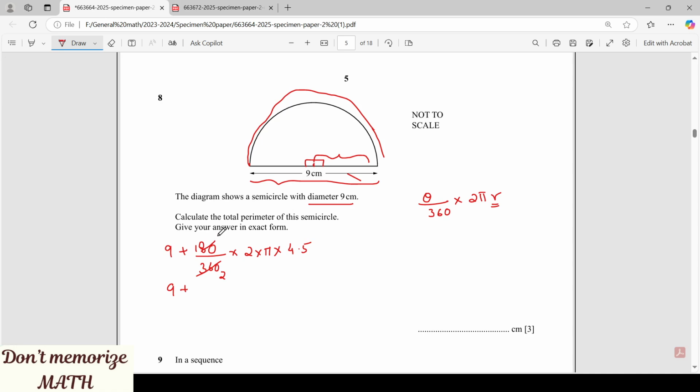Divide by 180 and you will get 1 on top and 2 below. Then cancel the 2, and the only remaining is 4.5 pi. This is in the exact form. So the final answer is 9 plus 4.5 pi. The unit is already given here. I hope it's clear to you.